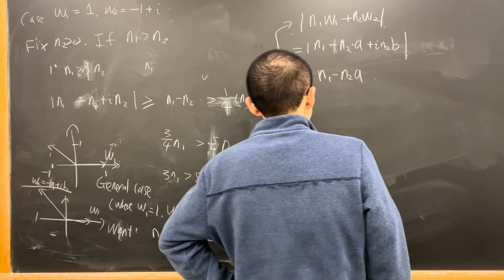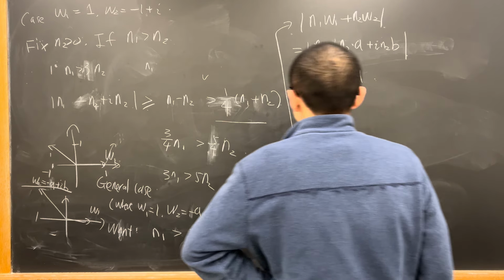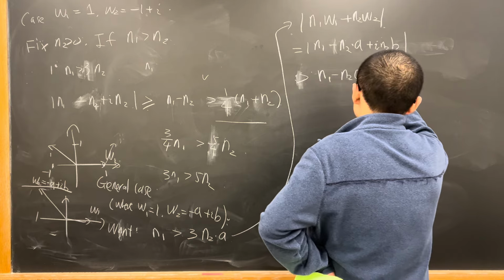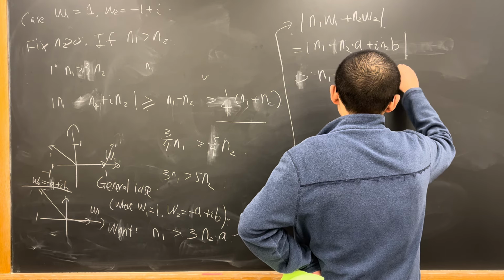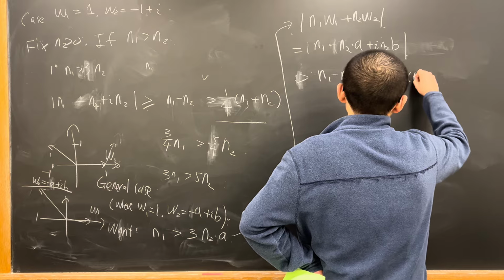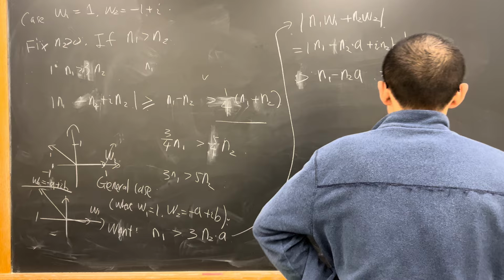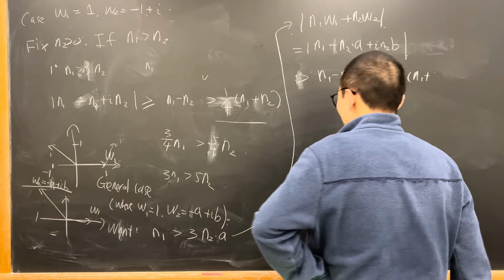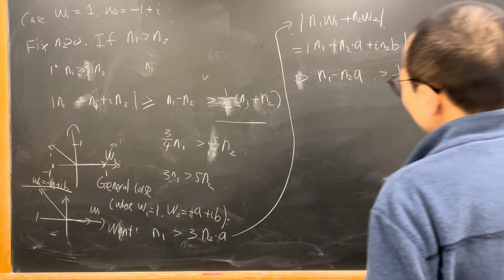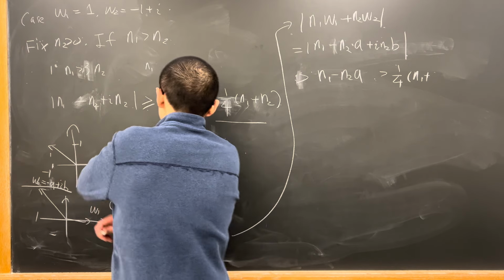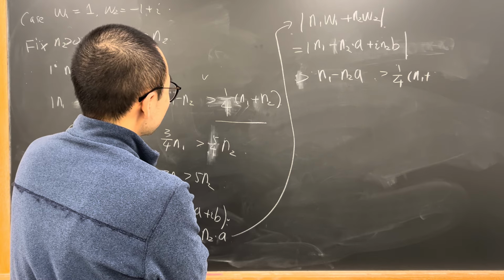Okay, so can we do the same thing for this one? So I argue that this is less than, let's say, 1/4 N1 plus, shoot. Okay, so here I need an N1 plus N2. I think that's a problem here. So, what do you want to do?